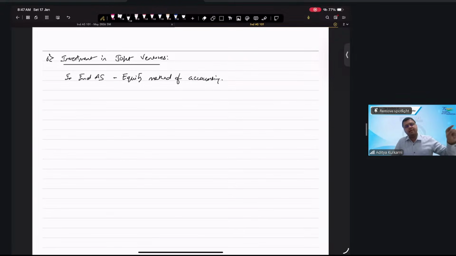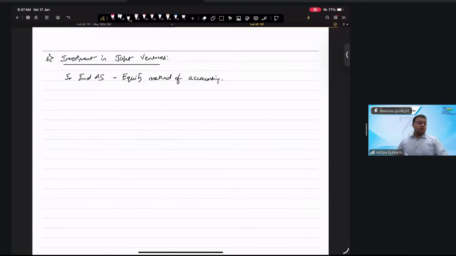My investment in associates and investment in joint ventures will be there. To that, whatever is the profit for the current year, I will add that. That will become my closing. If there is any distribution of dividend, etc., I will reduce it from that. So that becomes my equity method of accounting. Is it okay? Do you remember doing this?